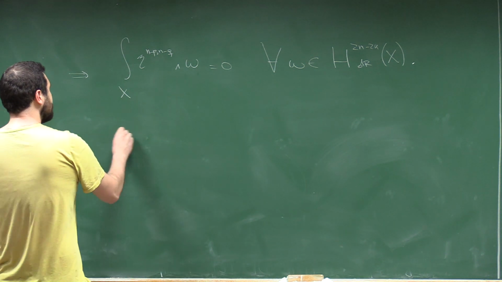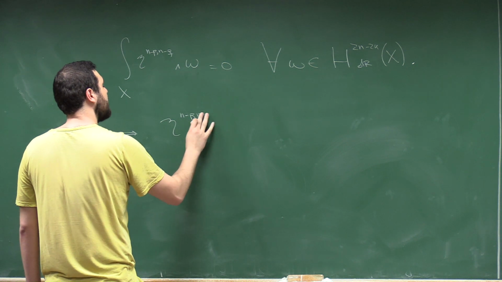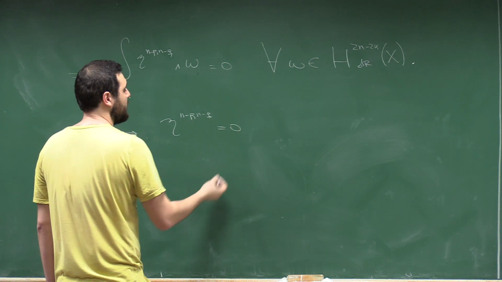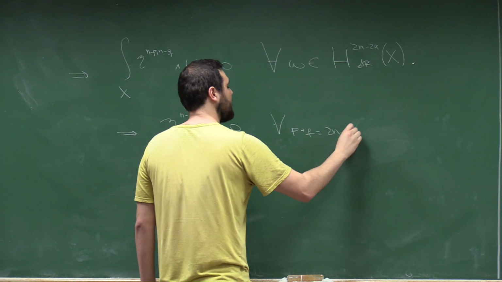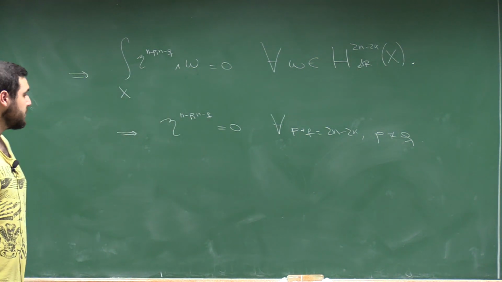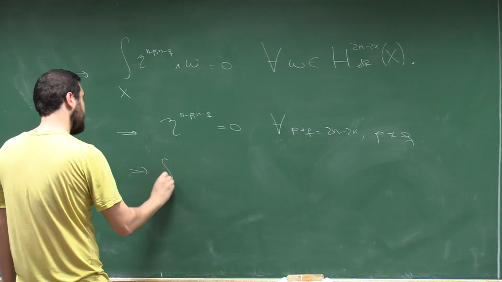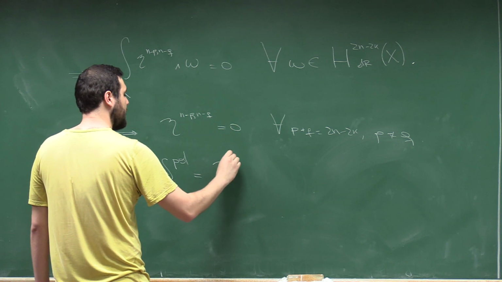And this implies that eta^{n-p,n-q} is 0 for every p plus q equal to 2n minus 2k and p different from q. So this implies that delta PD is in fact only equal to eta^{k,k}.